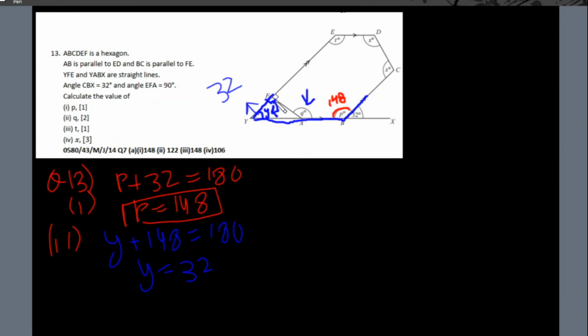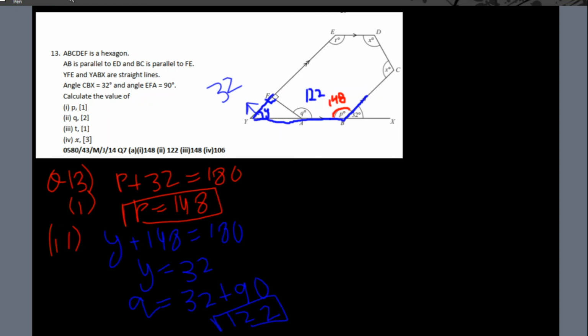These are the two opposite interior angles, so we'll use Q equals 32 plus 90, which gives us 122. So Q is 122.